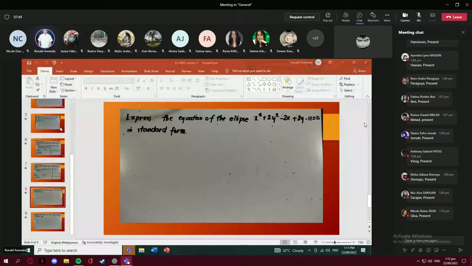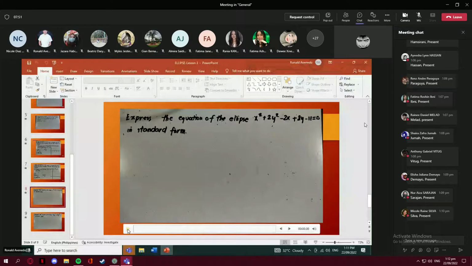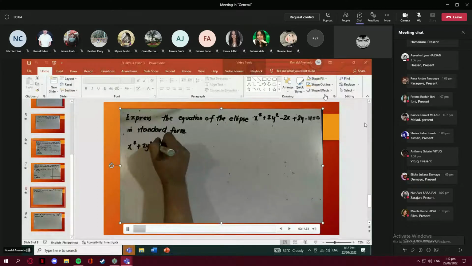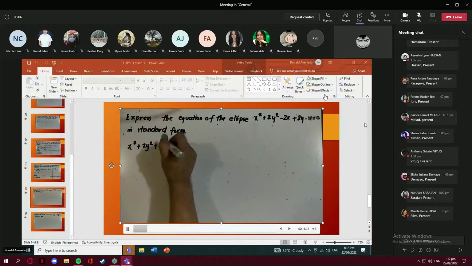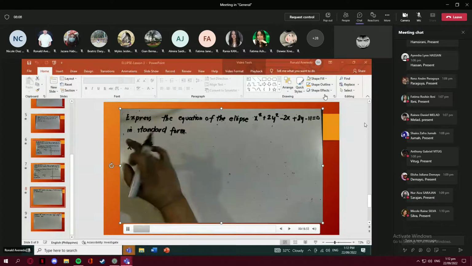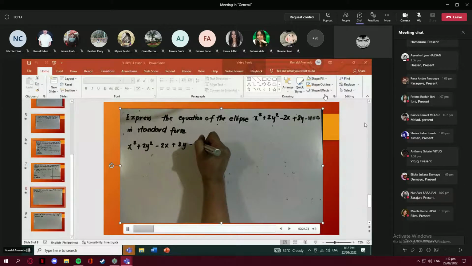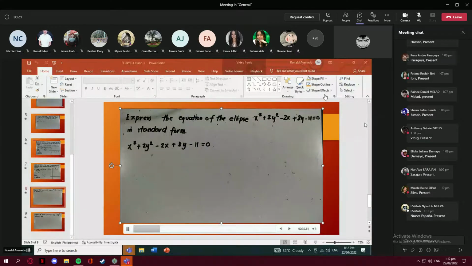Express the equation of the ellipse x squared plus 2y squared minus 2x plus 8y minus 11 is equal to 0 in standard form. Then regroup terms containing x and also terms containing y, and transpose the constant to the right side.